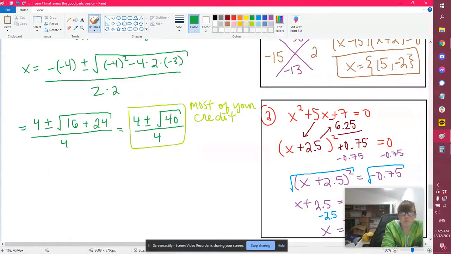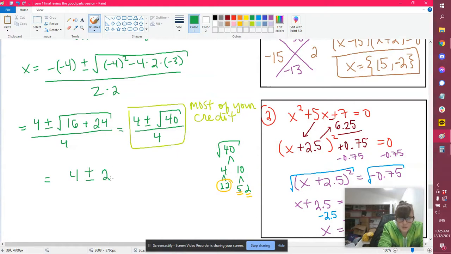However, I do want you to simplify these radicals. So off to the side, if we want to finish it out for full credit, we would say that this is 4 times 10, this is 5 times 2, this is 2 times 2. A pair of 2's comes out front. These are left over. So we would actually say 2 square roots of 10 over 4, because square root of 40 can turn into 2 square root of 10.